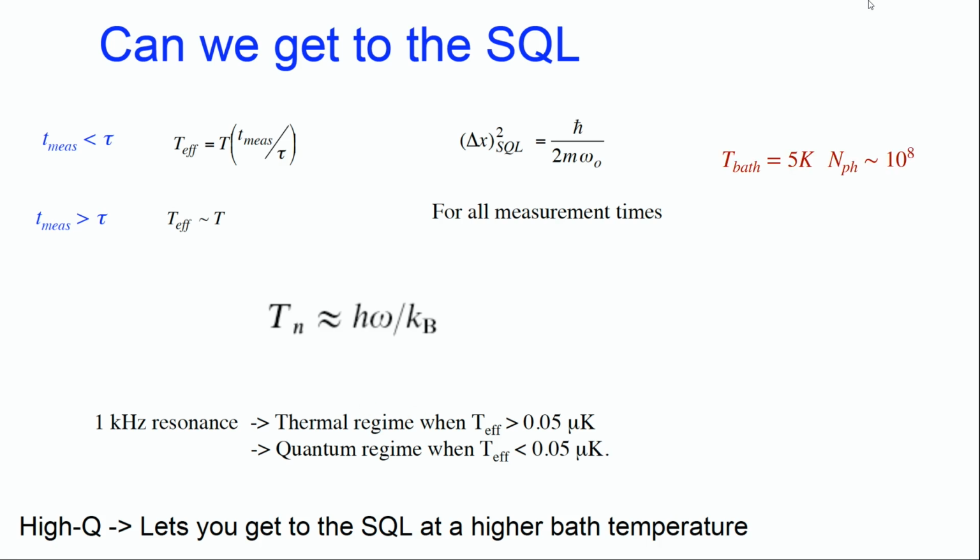We were trying to get to this standard quantum limit, and I just put this up because I think it's interesting, because some of you are building detectors and you might want to try these things. We had a bath temperature of 5 Kelvin, so the number of phonons at 700 hertz was 10 to the 8. But then we parametrically cold damp.